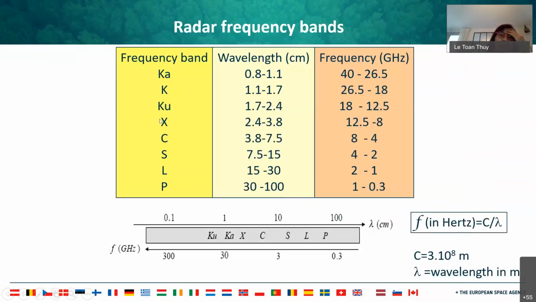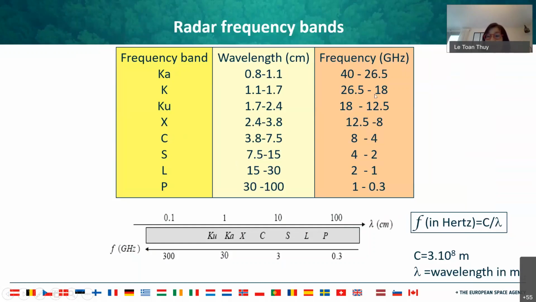It starts with the X band because it was during the war, and so the frequency band was a secret, so it's X band. After that, the names are just the first name of somebody or something. Then, from the wavelength, it goes from small wavelengths up to the P band at 100 centimeters.